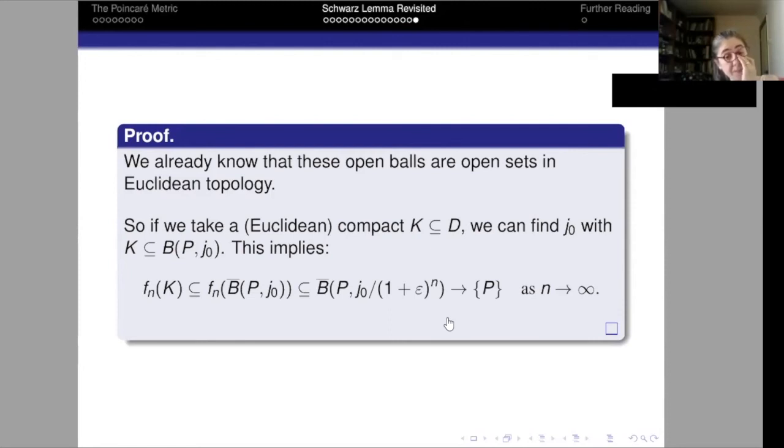This implies the image of K under Fn is a subset of the image of the ball centered at P with radius J0 under Fn, and that is a subset of the ball centered at P with radius J0 over 1 plus epsilon to the power n. And this goes to the point P as n goes to infinity.